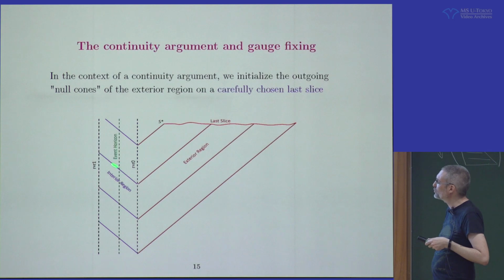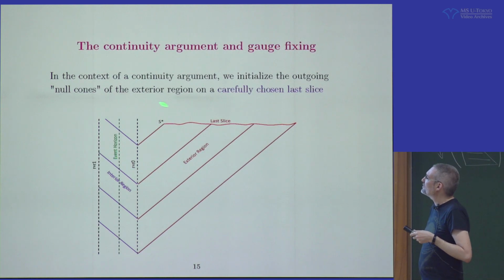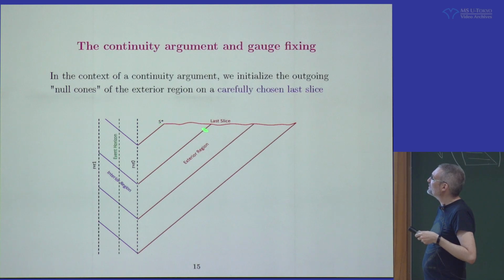And the reason why you want to go slightly inside the black hole is because this event horizon is a very unstable hypersurface. So I want to avoid touching it. Okay, but nevertheless, the only important thing here to understand is that the entire construction starts from this last slice. So all my choices are done on this hypersurface, which I call my last slice. And therefore, this is exactly where you will track the final states of evolution.